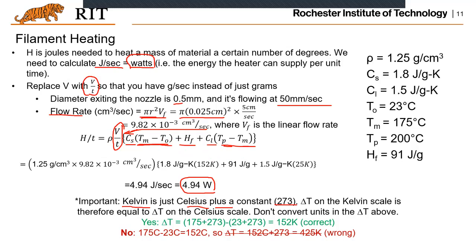The only thing is you have to make them consistent, meaning if T_M and T_0 are both in Kelvin or both in Celsius, there's no difference for this subtraction. Same thing happens here, but definitely you want to make the two in the same unit, either Kelvin or Celsius. All right, that's a very important part you want to keep in mind when you do the computation.